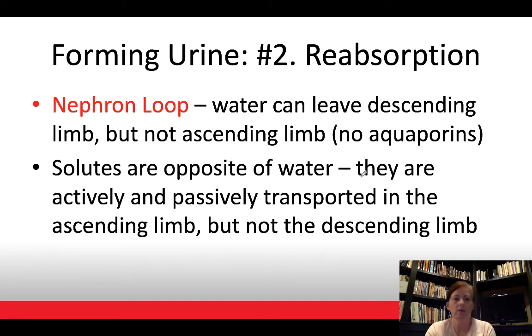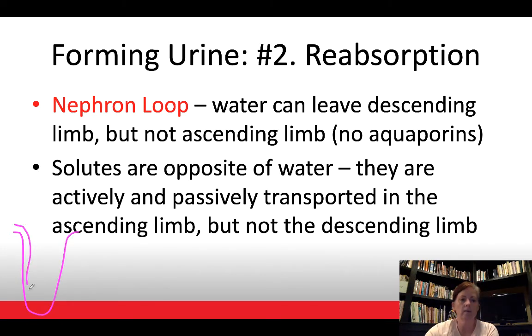The nephron loop is kind of interesting, and what we see here is some variation between the descending limb and the ascending limb. Let's say here's our nephron loop.